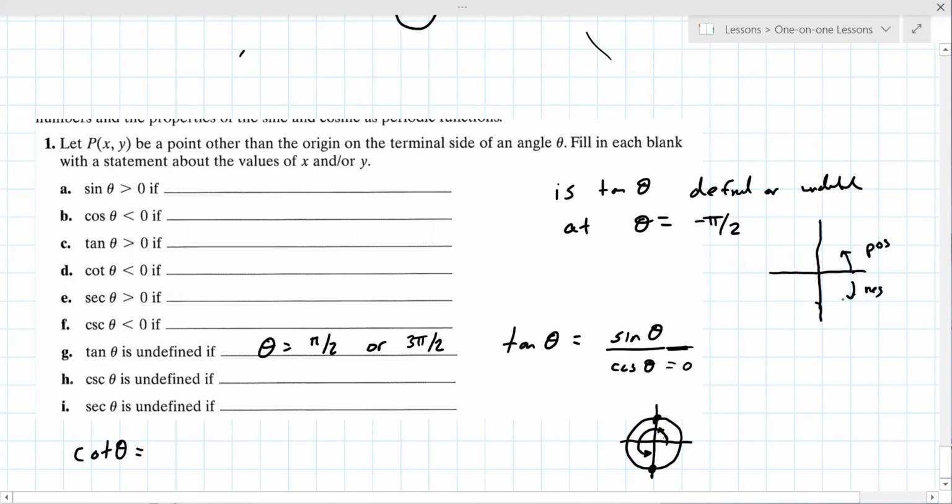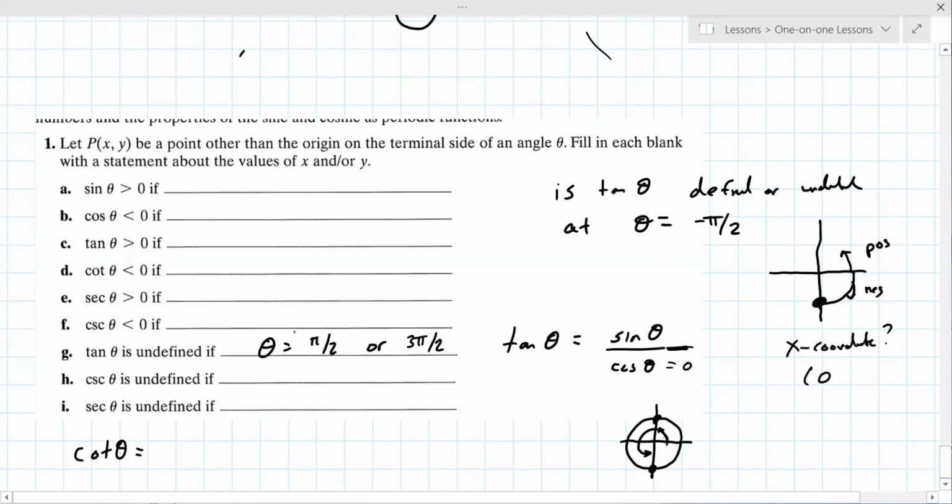Where's negative pi over 2? It's right there. So what is the x coordinate there? 0. The x coordinate is cosine, so it is undefined.